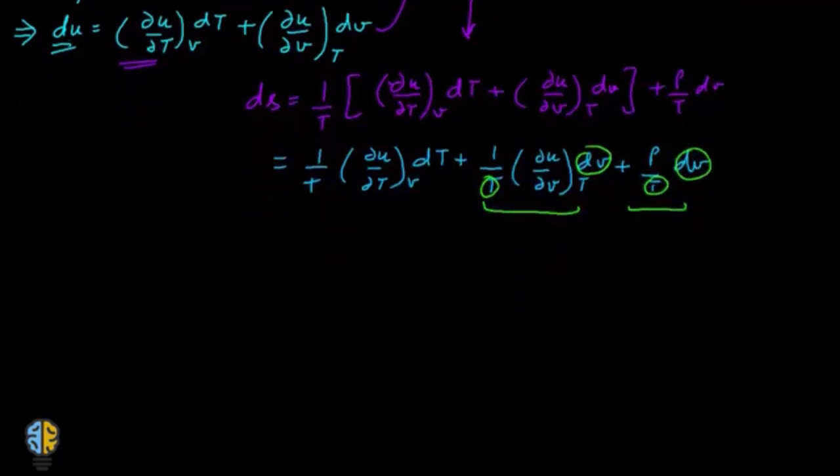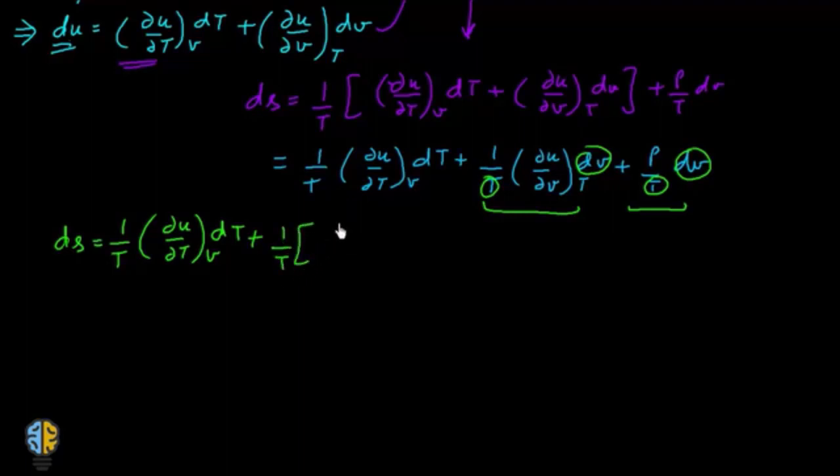So I can rewrite this as dS equal to (1/T)(∂U/∂T)_V dT, plus 1/T times [(∂U/∂V) at constant temperature, plus P] dV.